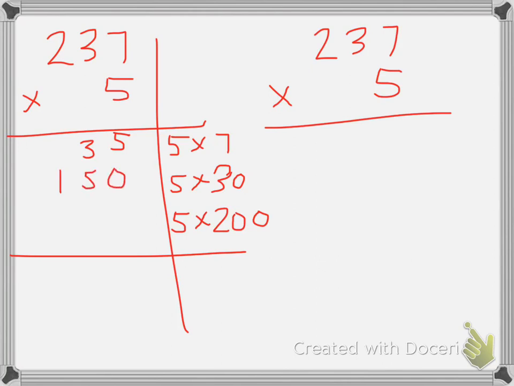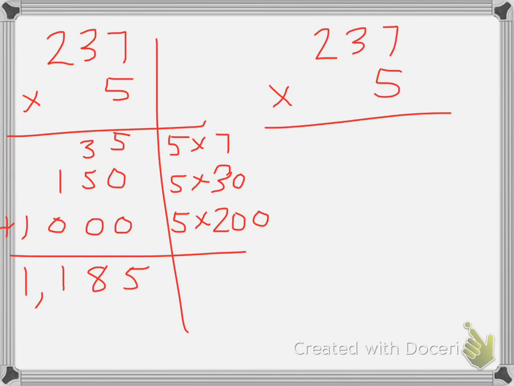And 5 times 2 gets me 10, but I have 10 hundreds, so I have 1,000. Add down: 1,185.